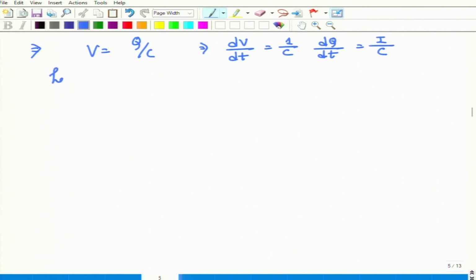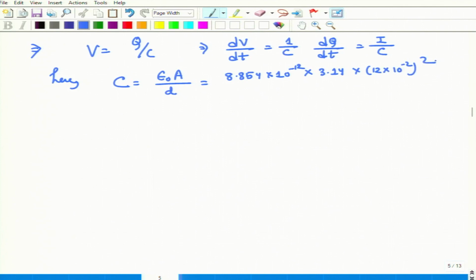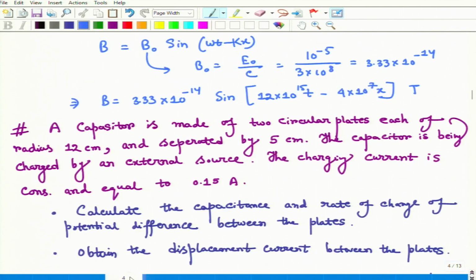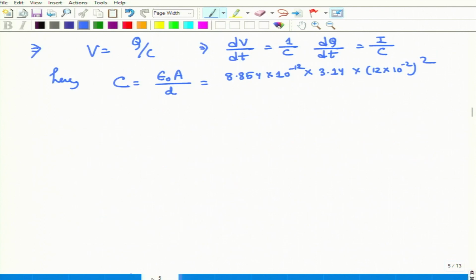So here capacitance C is actually epsilon naught A divided by D. We know the value of epsilon naught, which is 8.54 into 10 to the power minus 12. Next is A, 3.14 into 12 into 10 to the power minus 2, squared, because that is given in centimeter, so we have to convert to SI unit.